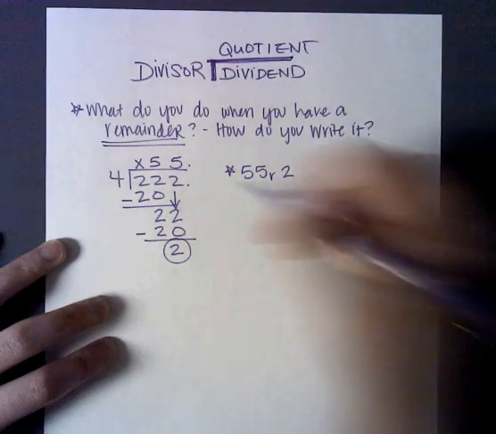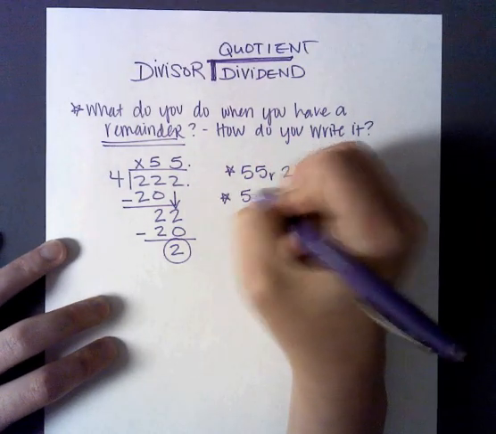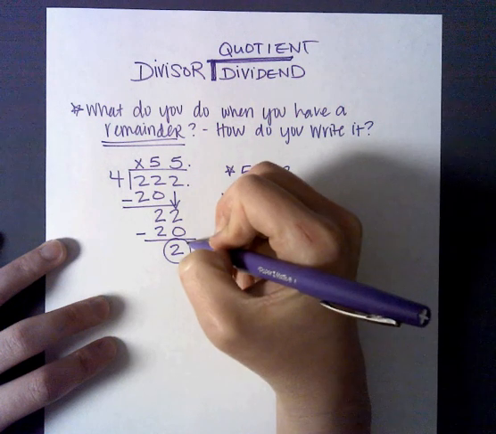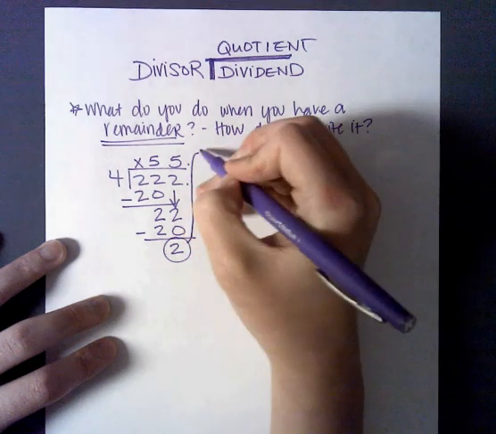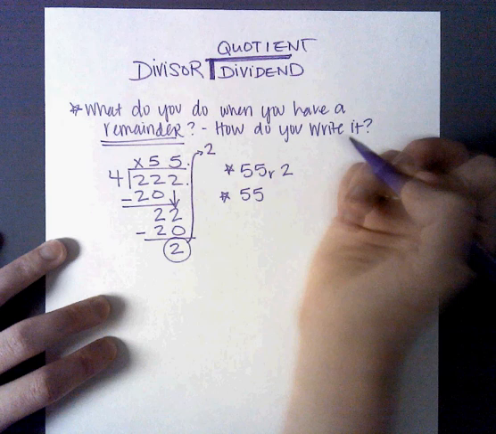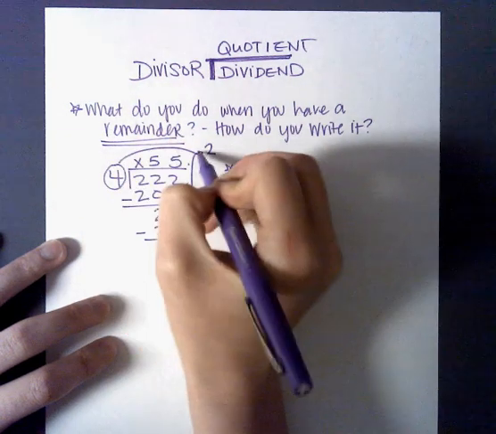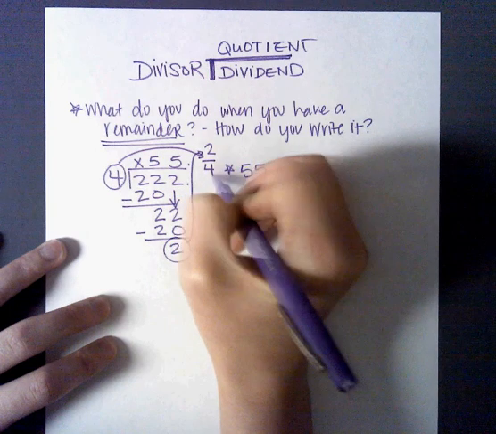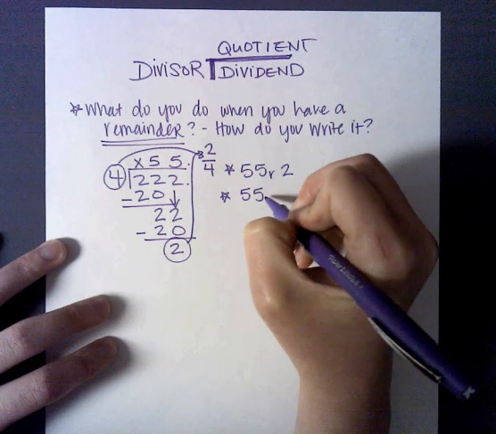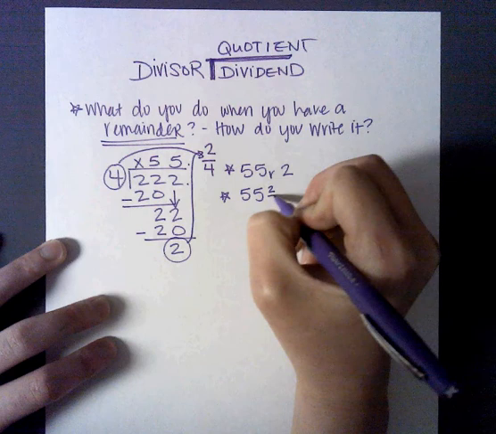Or you could write it as 55 and take this 2, bring it to the top, and then take your 4 here and put it on the bottom, and that's going to give me 55 and 2 over 4.